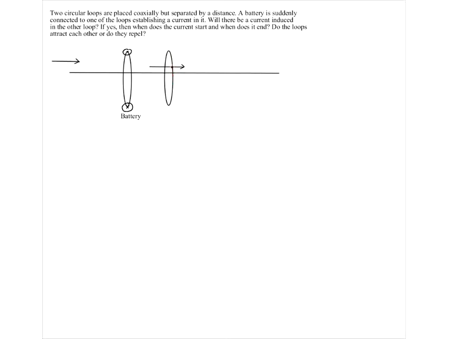Now, if it is in the same way, dot here and cross here, then it seems to be supporting this field. How is that possible? It should oppose.